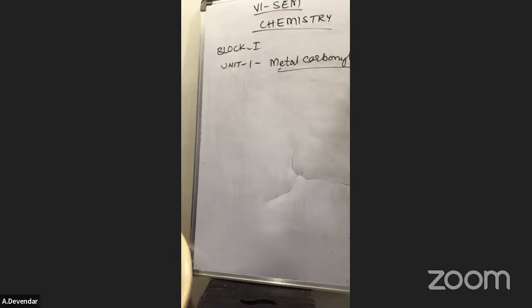So what is the structure? If the coordination number is 6, we have an octahedral structure. If the coordination number is 4, it is square planar. Like that, different structures depend on the coordination number. How can you find the coordination number? Coordination number is nothing but the number of ligands surrounding the metal ion. If there are 6 ligands, the coordination number is 6 and it is an octahedral structure.